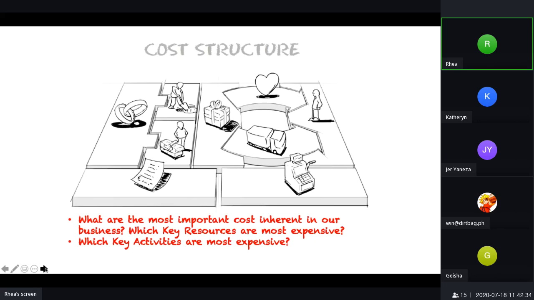The revenue stream is money coming in. The cost structure is money coming out. So as such, money coming in must be bigger than money coming out. Because if money coming out is greater than money coming in, expect bankruptcy. That shouldn't happen. Okay?